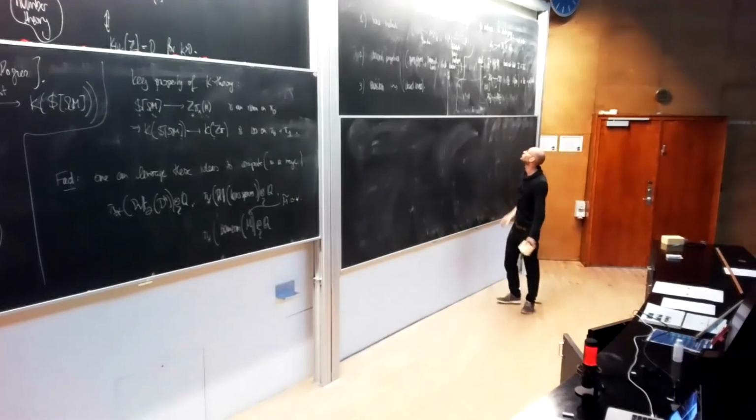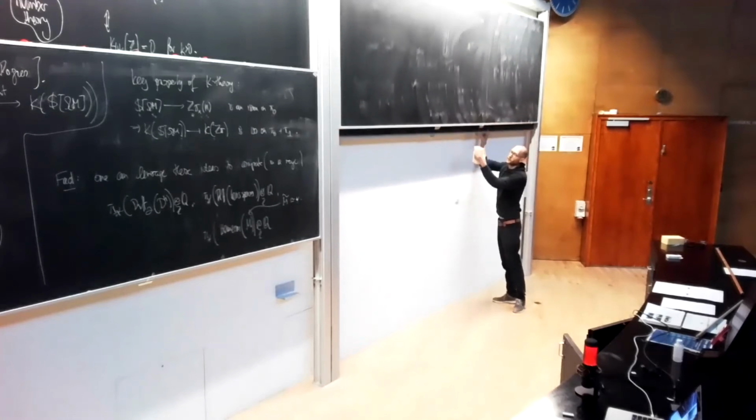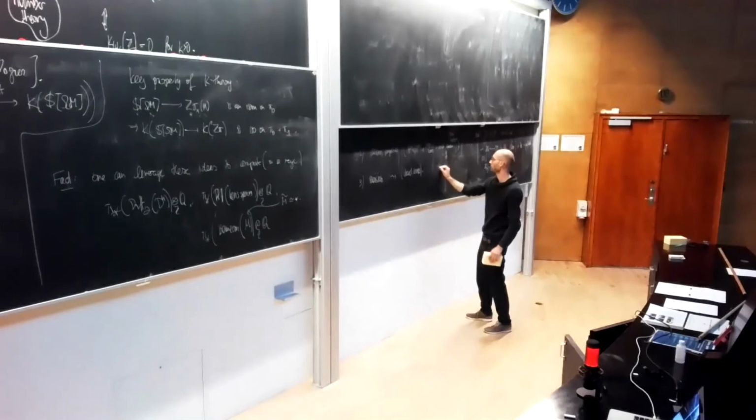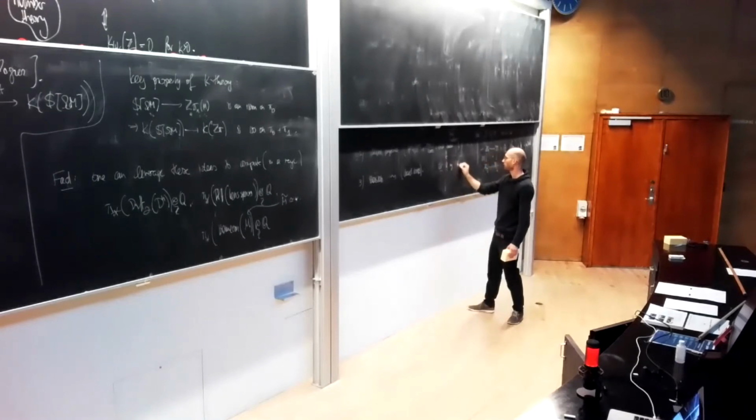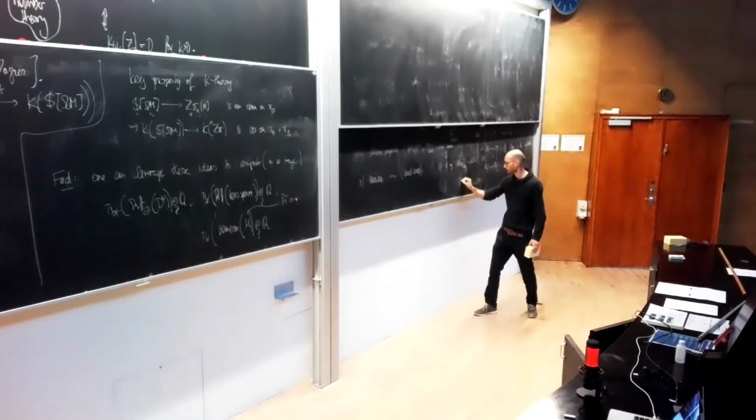Maybe I should also write down one other example that illustrates a bit better this idea of closed covers. Another example, take a ring K, and then you can look at something like the polynomial ring in two variables and divide out the product of the variables.